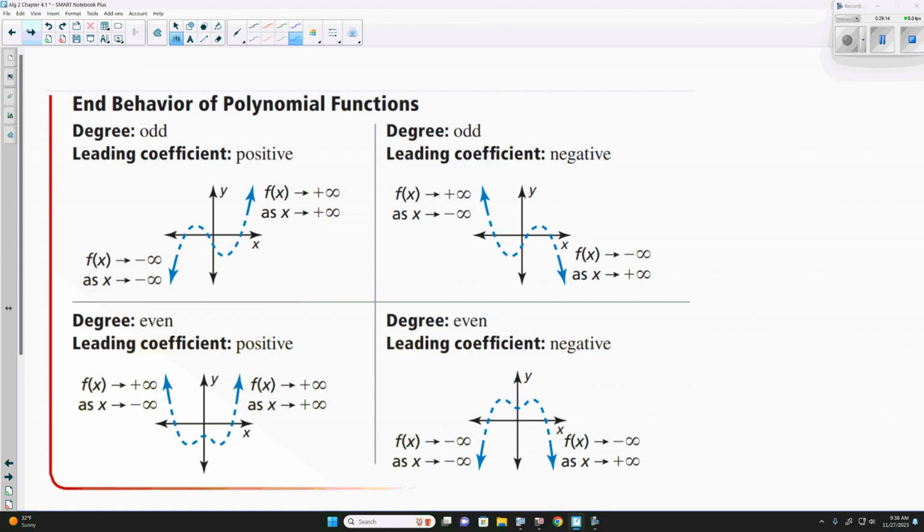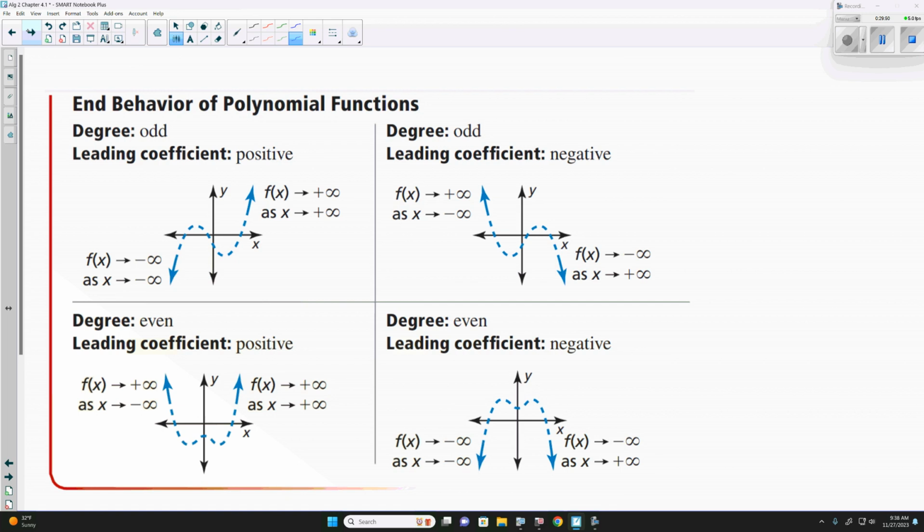So the degree is either even or odd, and the leading coefficient is either positive or the leading coefficient is going to be negative. So the degree is either even or odd, and the leading coefficient is either positive or negative.